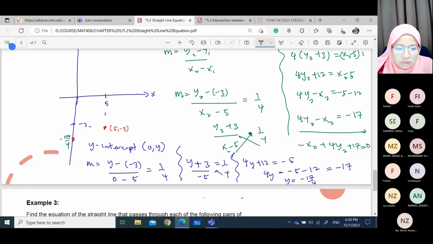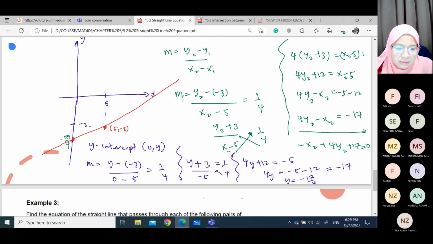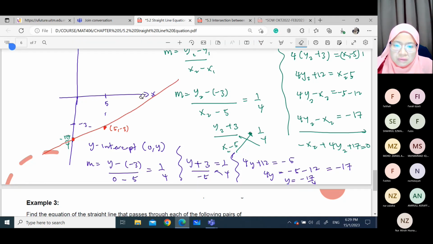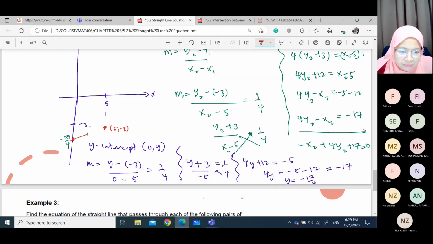Okay, so kalau you sambungkan, so dia punya line dia akan macam ni lah. So dia akan potong pada kat sini. So the line is this one. So you boleh tarik line dia sepanjang-panjang mana yang you nak tarik.